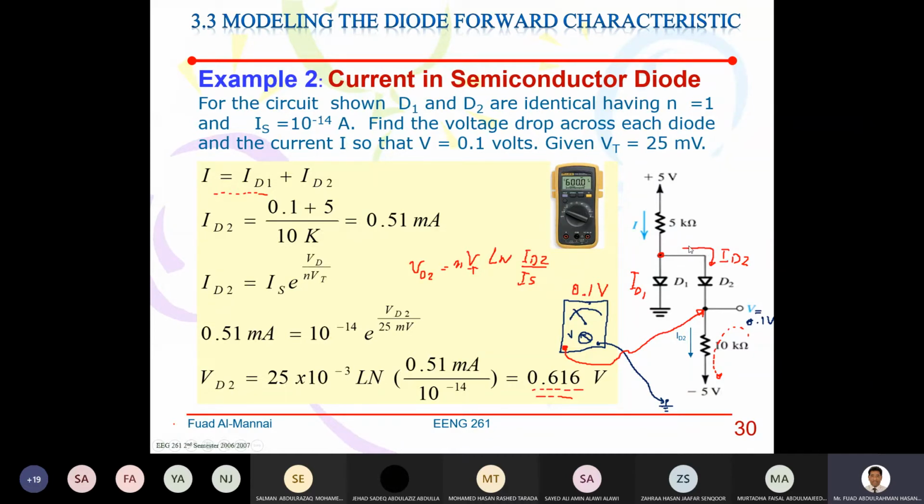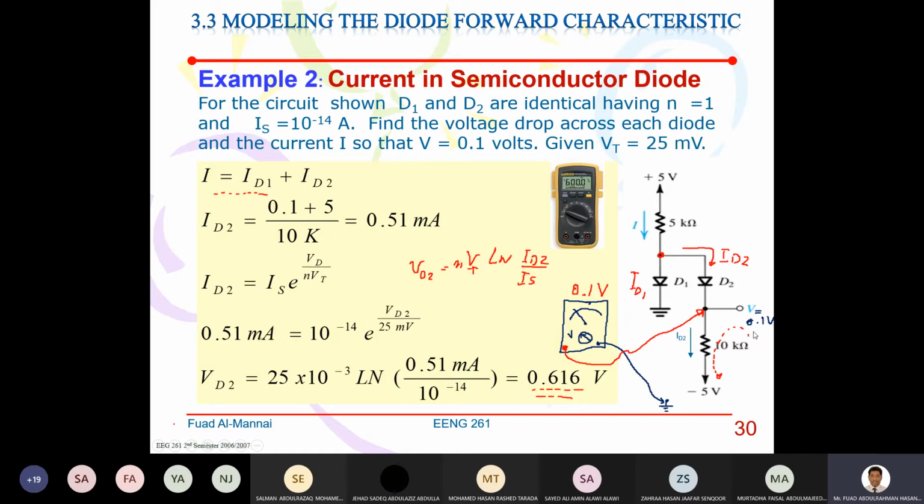Now I want to calculate VD2, which is across D2. I can't do that until I have the current ID2. I have it flowing here, right?